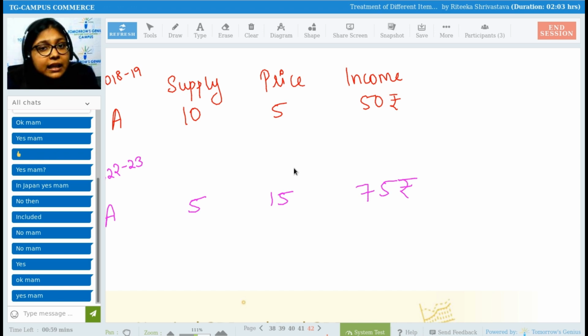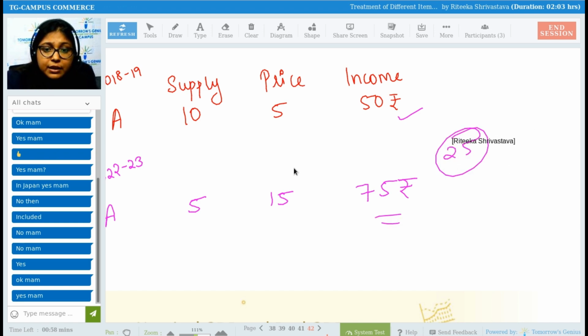So with this, we will say, wow, the GDP of the country has increased. In 2018-19, the income of the country was 50 rupees, but now in 2022-23, it has increased to 75 rupees. By 25 rupees, we have improved.